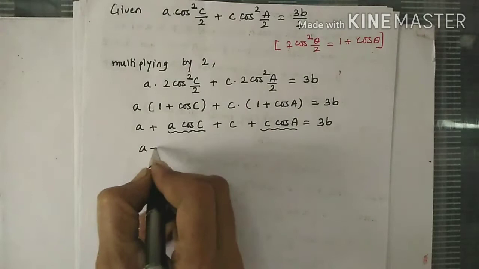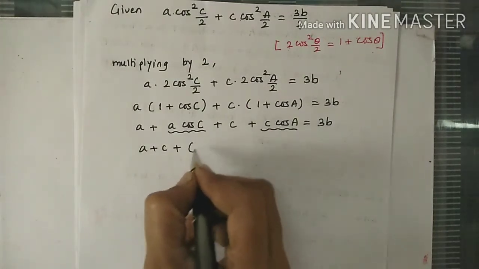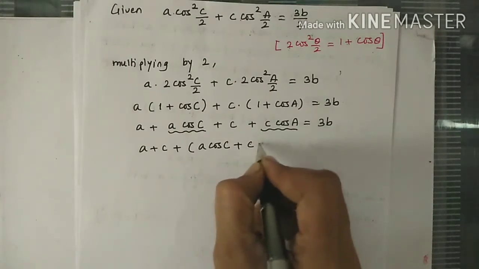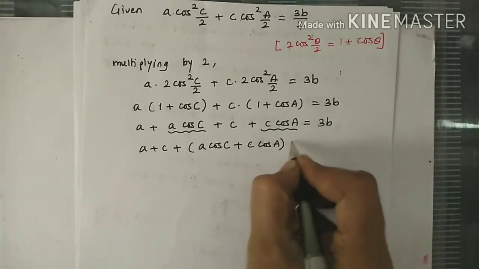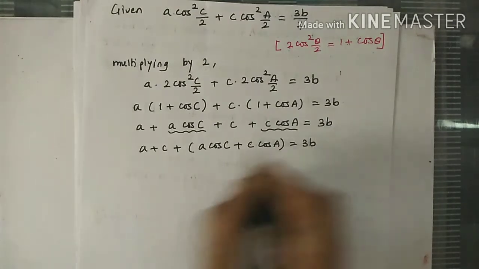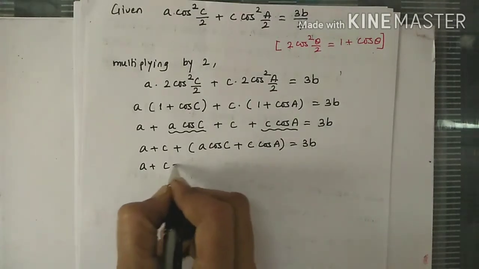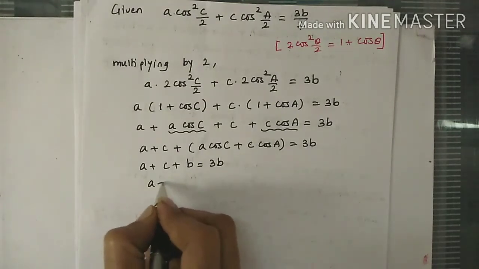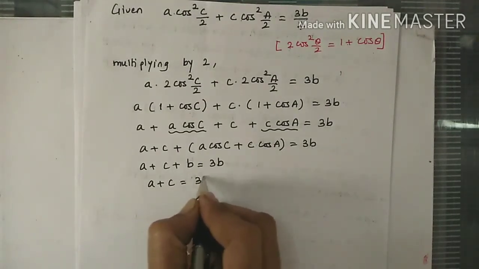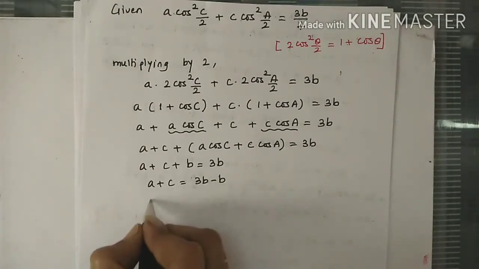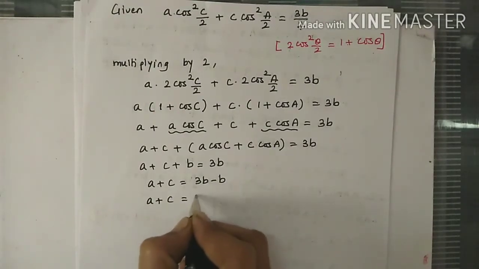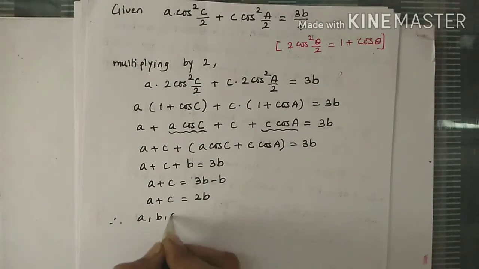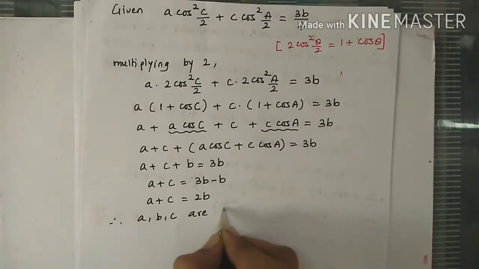So a plus c as it is, and taking these two terms together we have a cos C plus c cos A equals 3b. So by projection rule this bracket is b, so a plus c plus b equals 3b. So we get a plus c equal to 3b minus b. So a plus c equal to twice of b. That means the terms a, b, c are in AP.